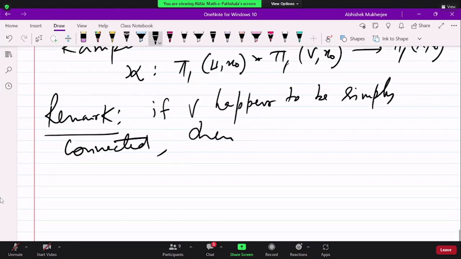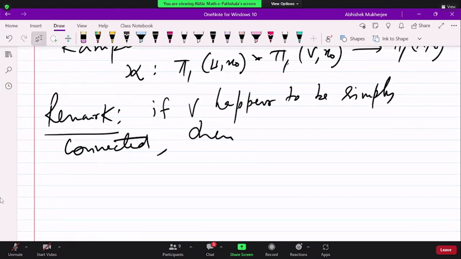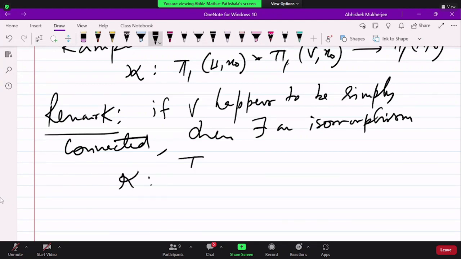Then one can associate an isomorphism K from the fundamental group of U modulo some normal subgroup N to the fundamental group of X. Now see that here the fundamental group of V doesn't appear because it is simply connected, so it is a trivial group.